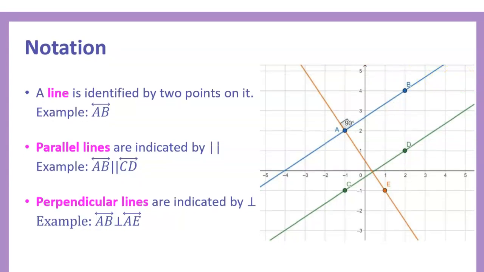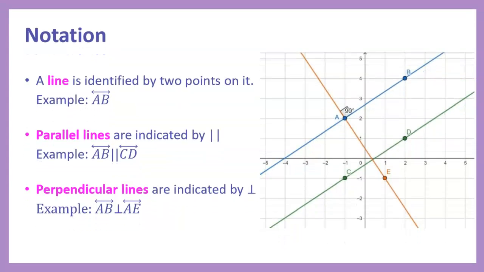Before we jump into that, let's look at some notation. A line is identified by 2 points on it. So here, if you look over at this graph, we have an A and a B and a line that runs through it. This is a line that's extending in both directions. If it were only the piece in between, it would be called a line segment, but since it's the line that runs forever, we call it a line.